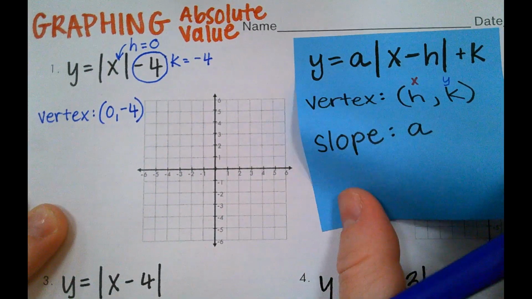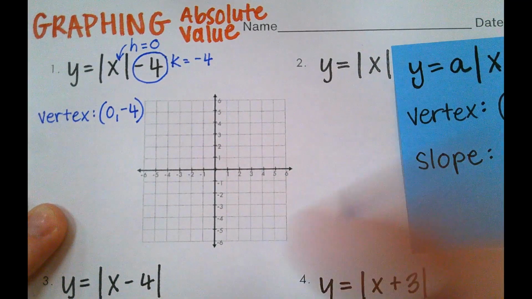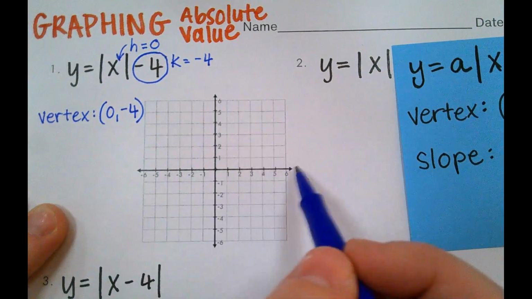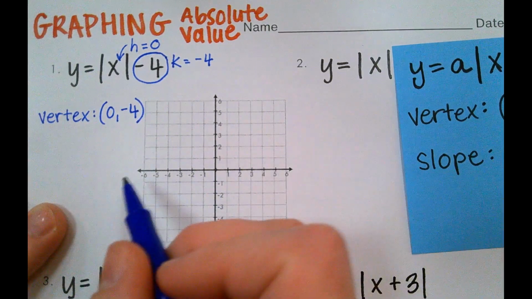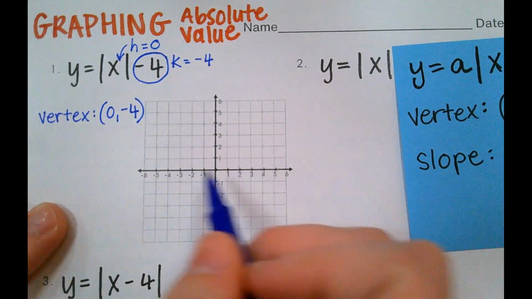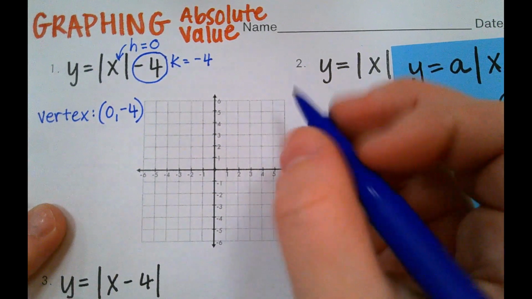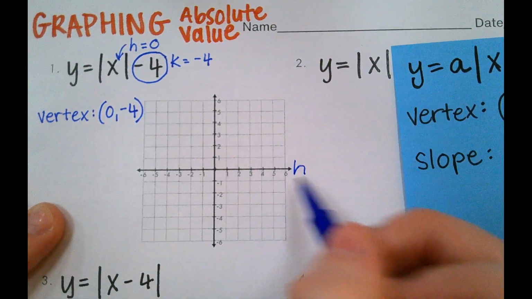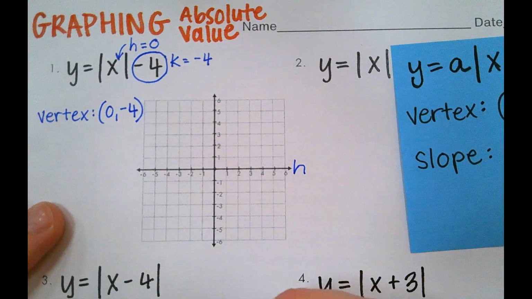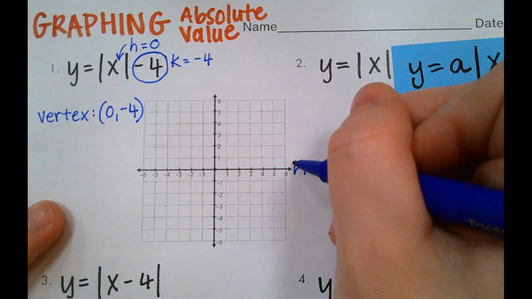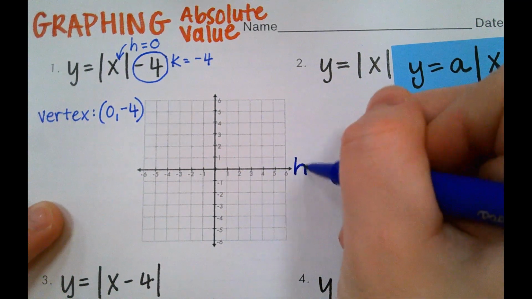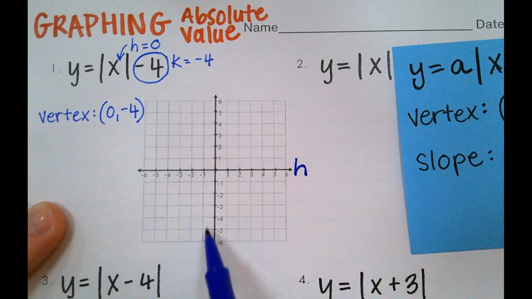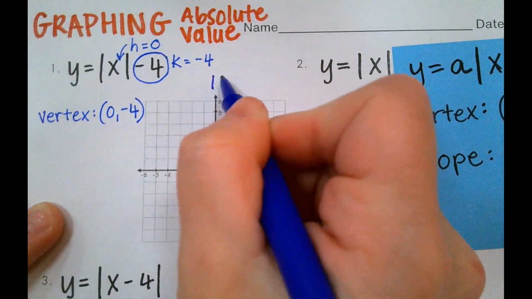And if this makes it a little bit less confusing, label your x-axis and your y-axis. Right here, I'm going to label my x-axis with h because h is like my x. I had a student do this last term and it really helped them, so I'm going to show you guys too. And then my y-axis, k.